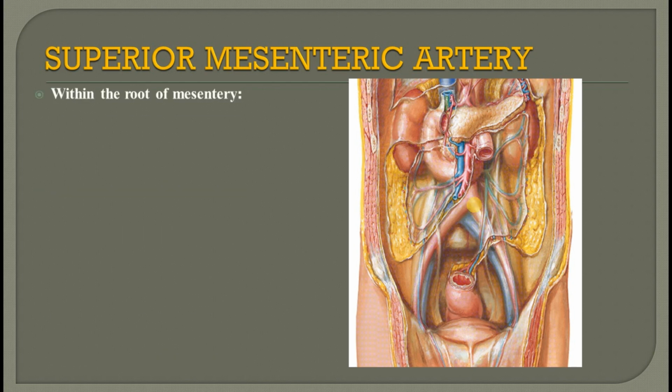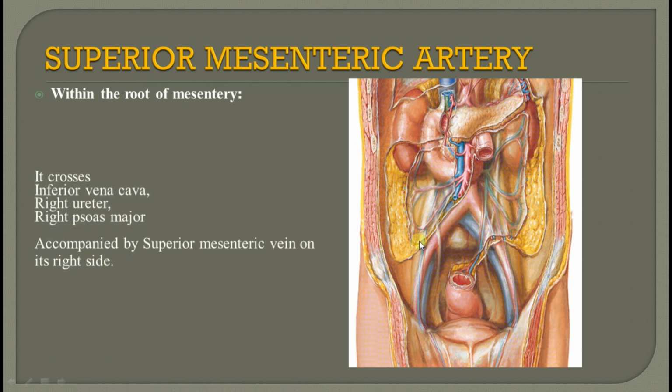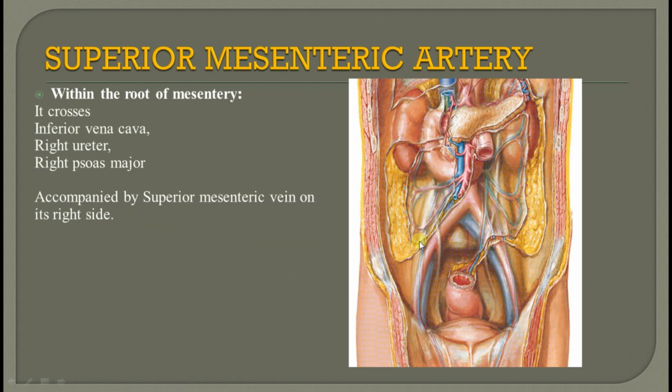Then within the root of mesentery, it crosses all the structures crossed by the root of mesentery. So that is your IVC, right ureter, right psoas major. This is the psoas major muscle. Then this is your kidney from which the right ureter will originate. From the kidney you see the right ureter, right psoas major muscle.